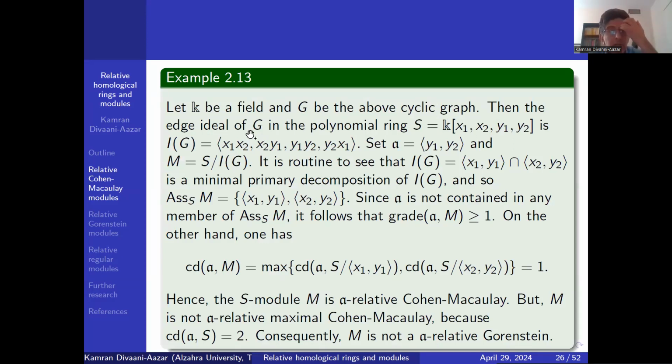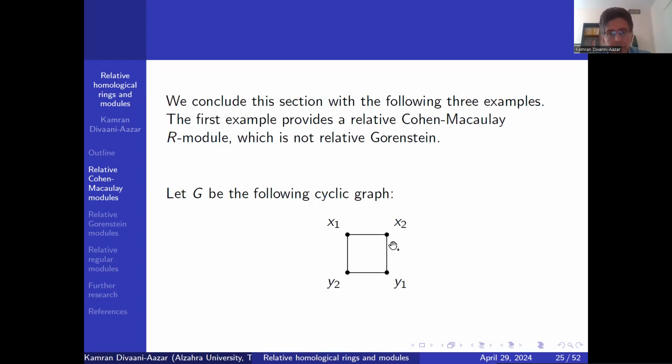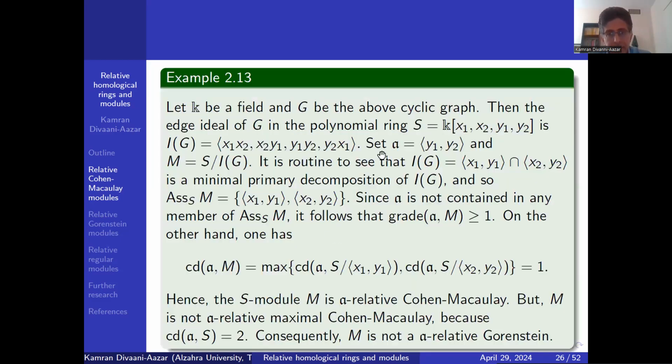Then the edge ideal of G in this polynomial ring is x1x2, x2y1, y1y2, and y2x1. Let A be the ideal generated by y1 and y2, and let M be S over I_G.